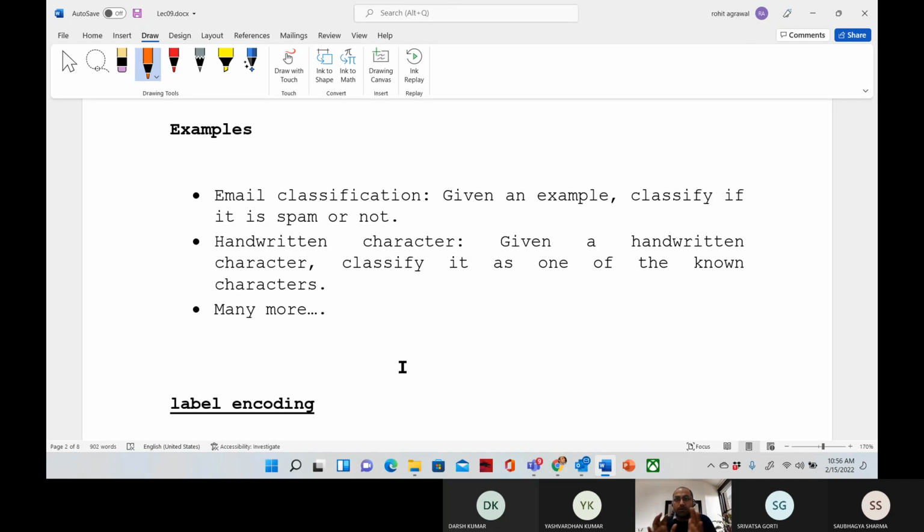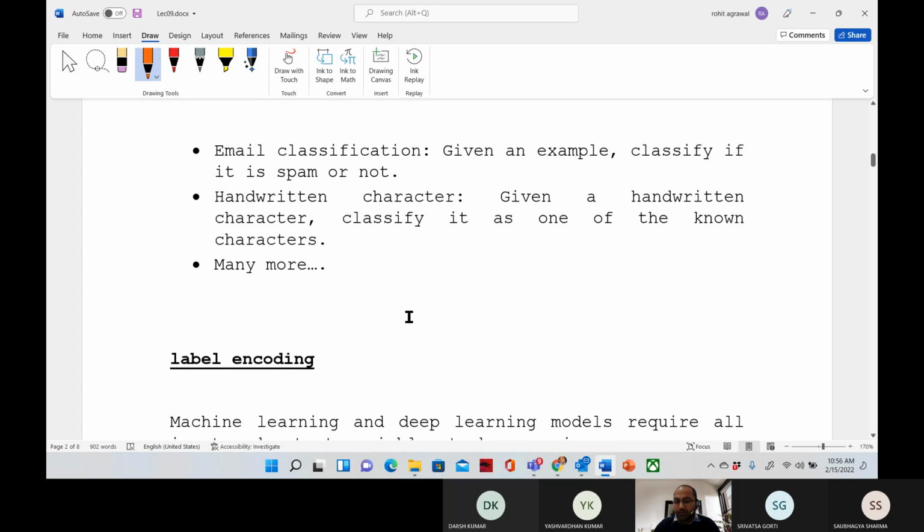So classification is just categorizing, just predicting which category it belongs to. And in case of regression we are going to predict the real value. Clear? Is it fine? Yes, sir.